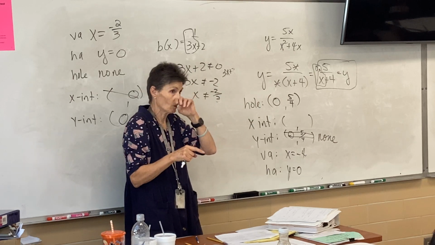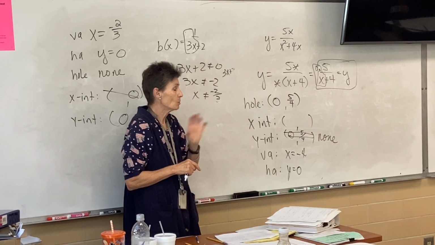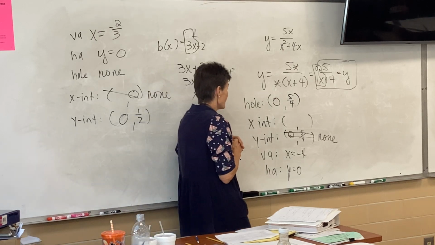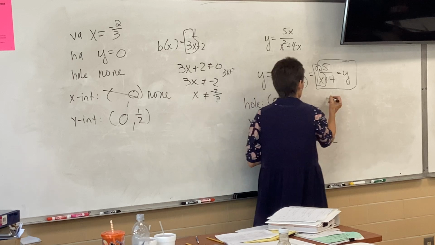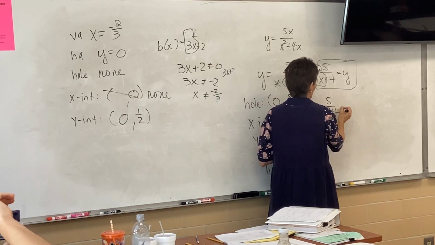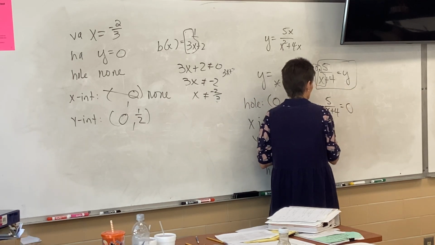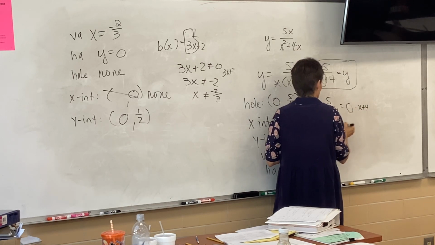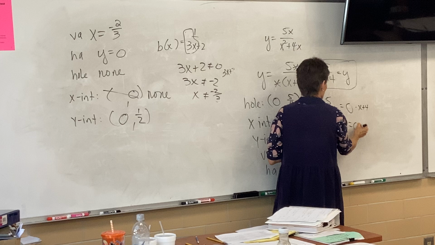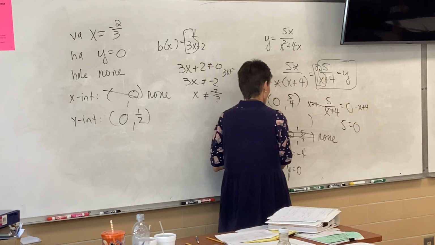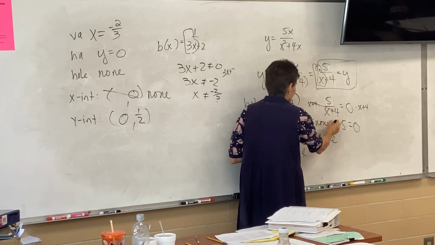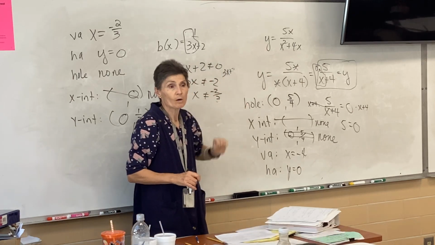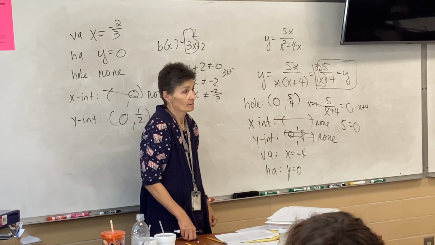An open circle. So there isn't a closed circle on the y-axis. Can I set this thing equal to 0? Can I let y be 0? Well, what's going to happen? 5 equals 0? So guess what? There's none of those either. If you graph this picture, it would not cross either axis.